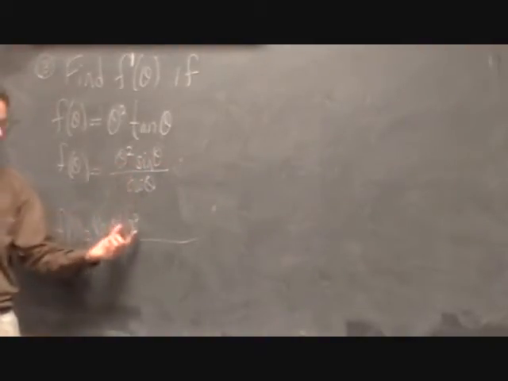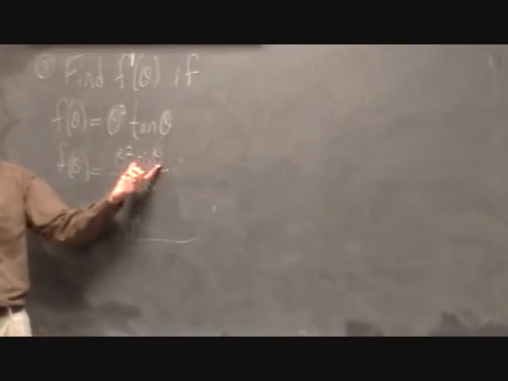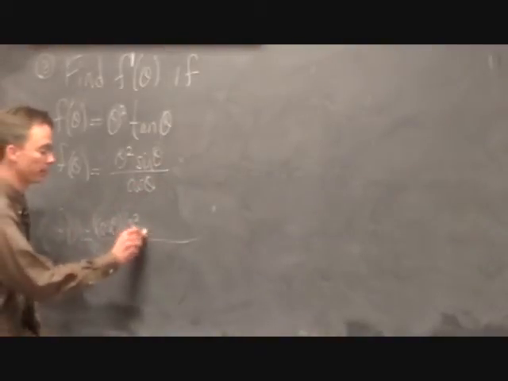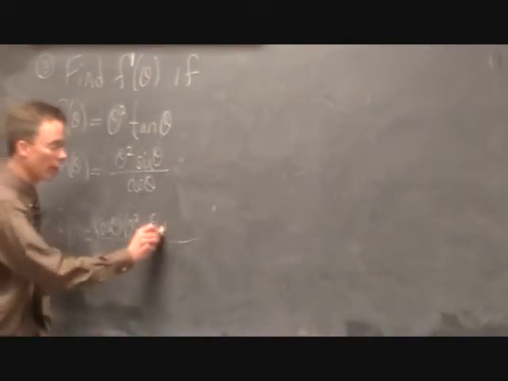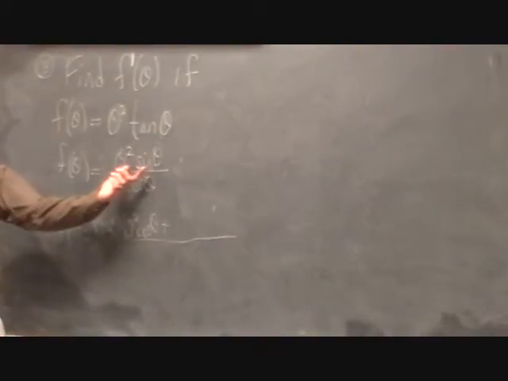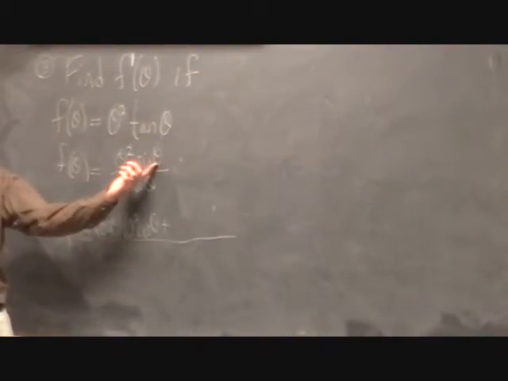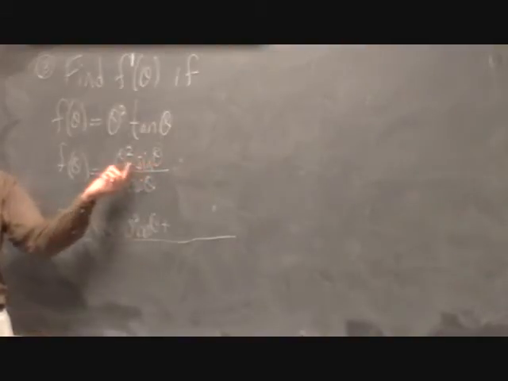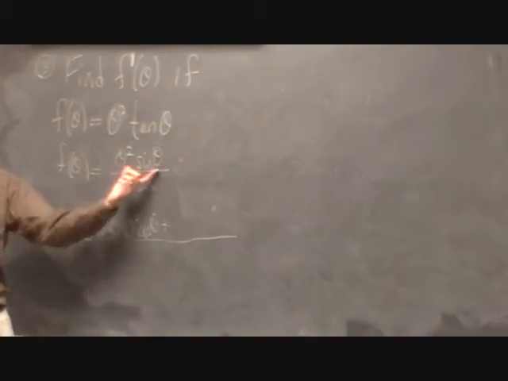So first thing is theta squared times derivative of sine, which is going to be cosine theta, plus, and now we come back the other way. It's going to be sine theta as is times this derivative, which is 2 theta. So is it okay if I just put 2 theta sine theta?